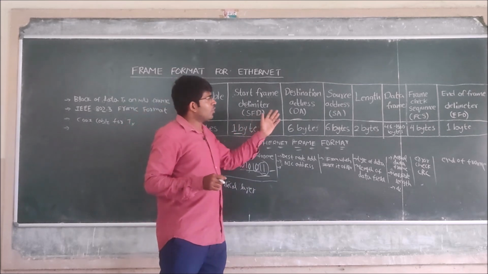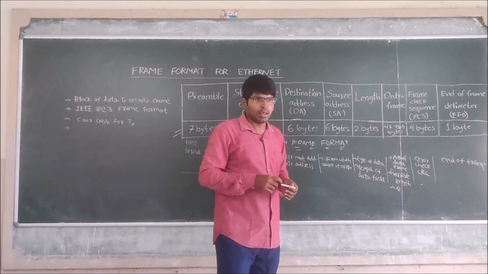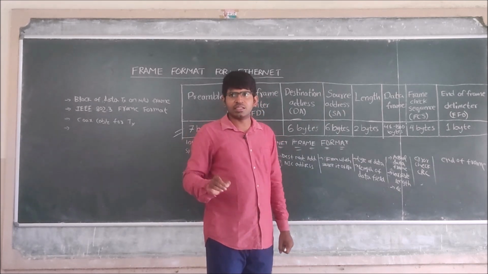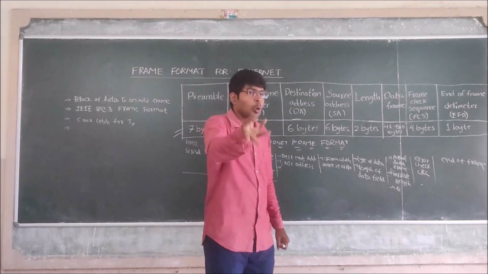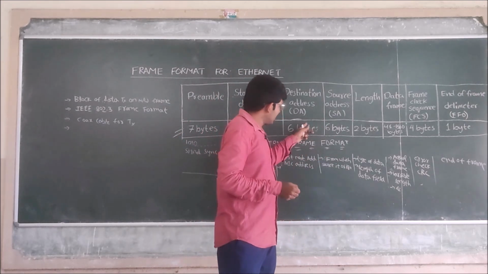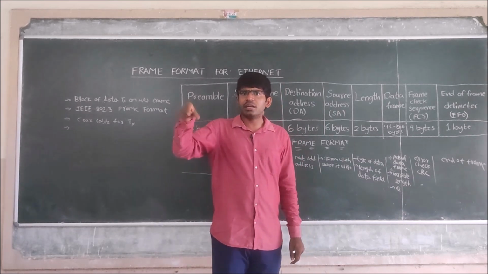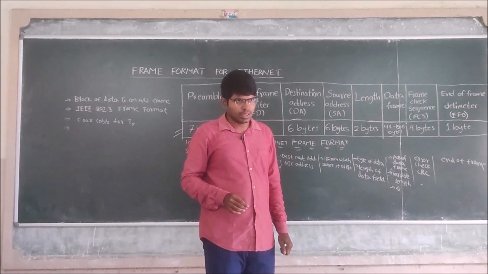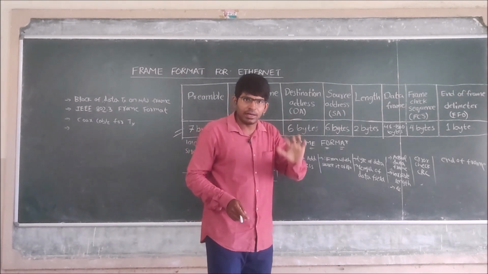Then we indicate the destination address in 6 bytes. This destination address is where the frames have to go. It is nothing but the physical network interface card information. In the network interface card, we have some address.